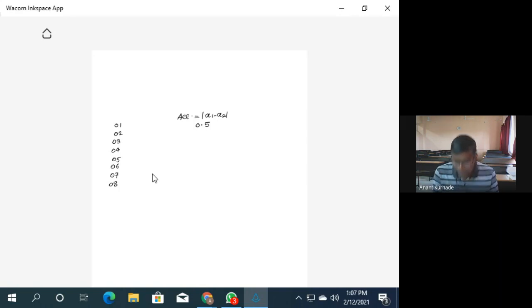So how many iterations do we have to perform? It depends upon the value of this accuracy. The accuracy should be equal to 0.01 or less than 0.01. Remember this: it should be equal to 0.01 or less than 0.01. In this case, after the first iteration we have accuracy 0.5, which is greater, so now you can go for the second iteration.